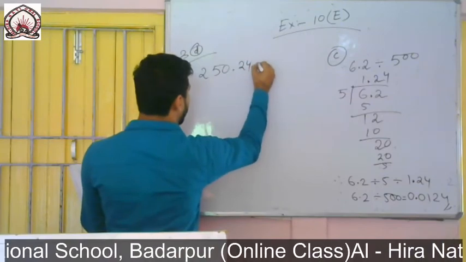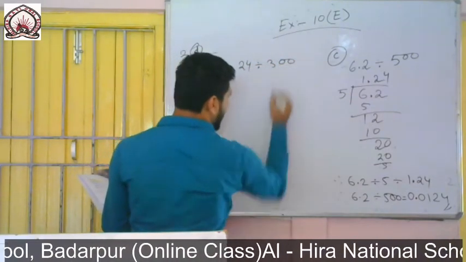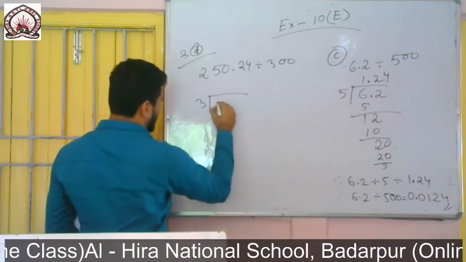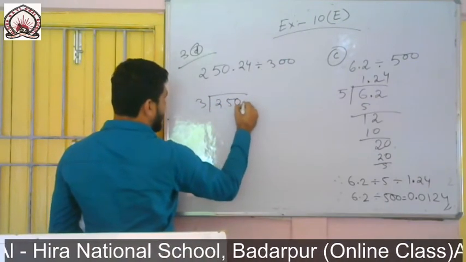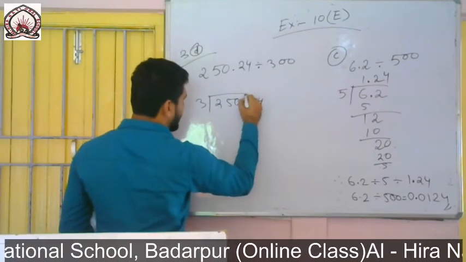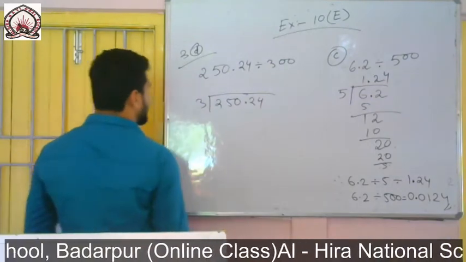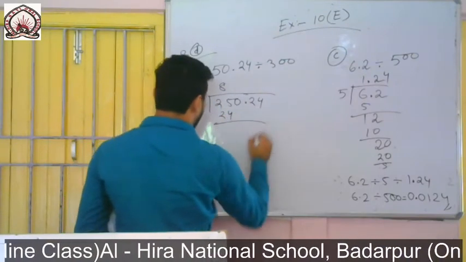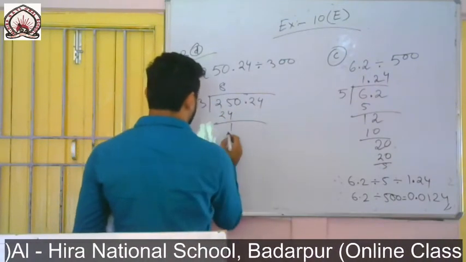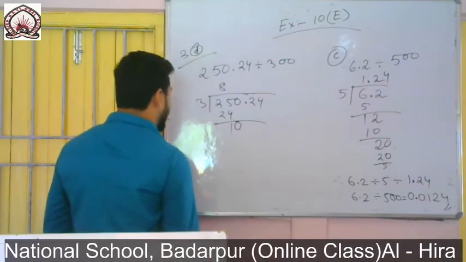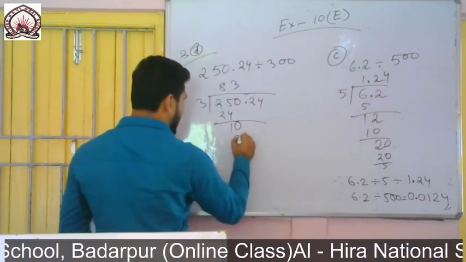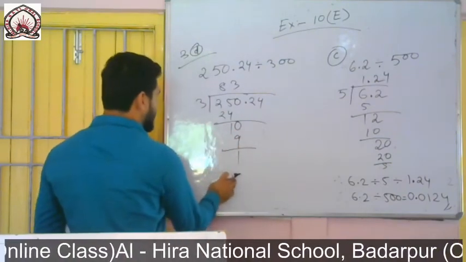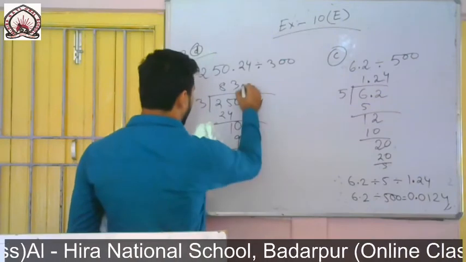250.24 divided by 300. First divide by 3. 250.24. If you divide by 3, then 3 8s are 24, 1, so not divisible, take 0, then 10, 3 3s are 9, 10 minus 9 is 1, again not divisible, after that we are getting point, we will put point.